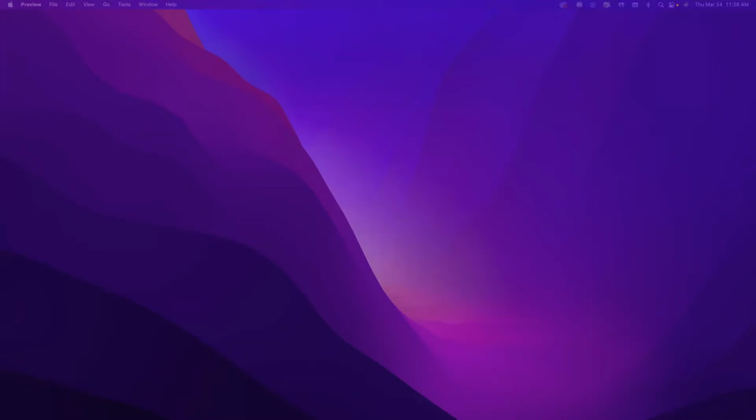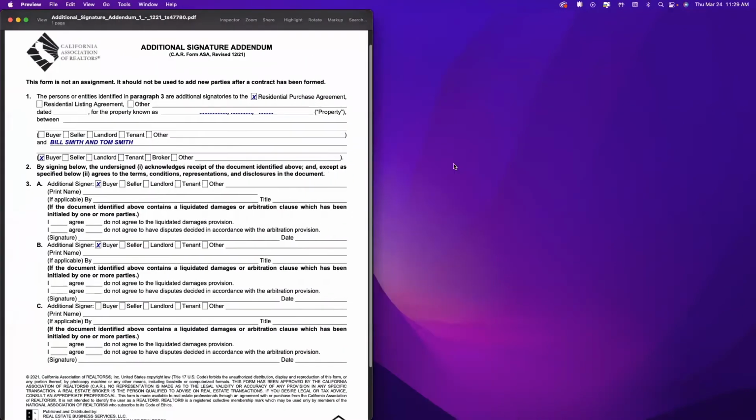I think I have too many things open on my window here to find what I'm looking for. Nope, it didn't go there. Well, that's no fun. Is it in here? Well, darn it. I just downloaded that. All right, well, let me bring up the additional signature addendum while I'm trying to find my assignment of agreement addendum so we can talk about this.